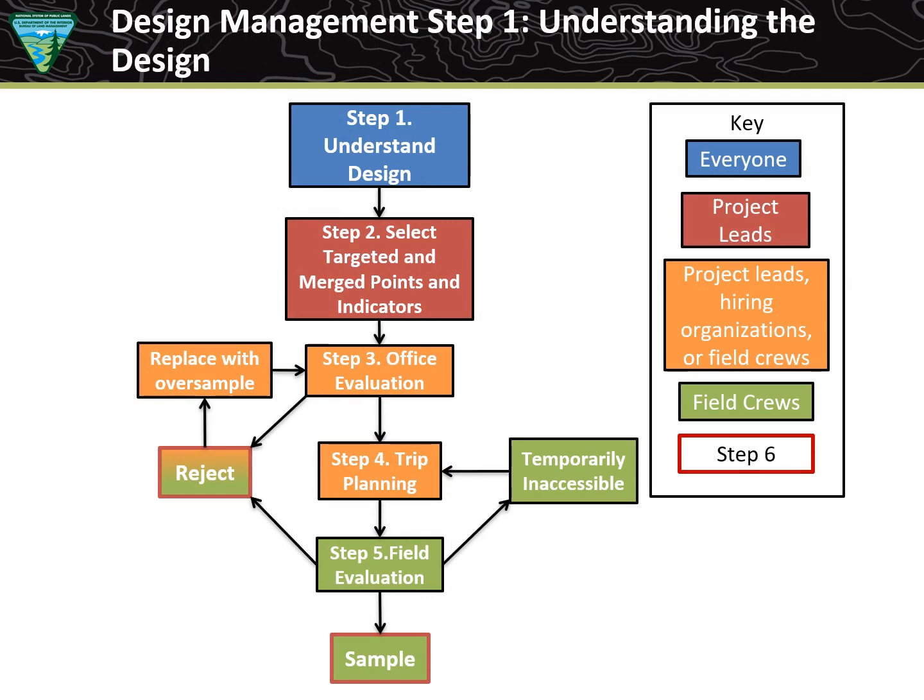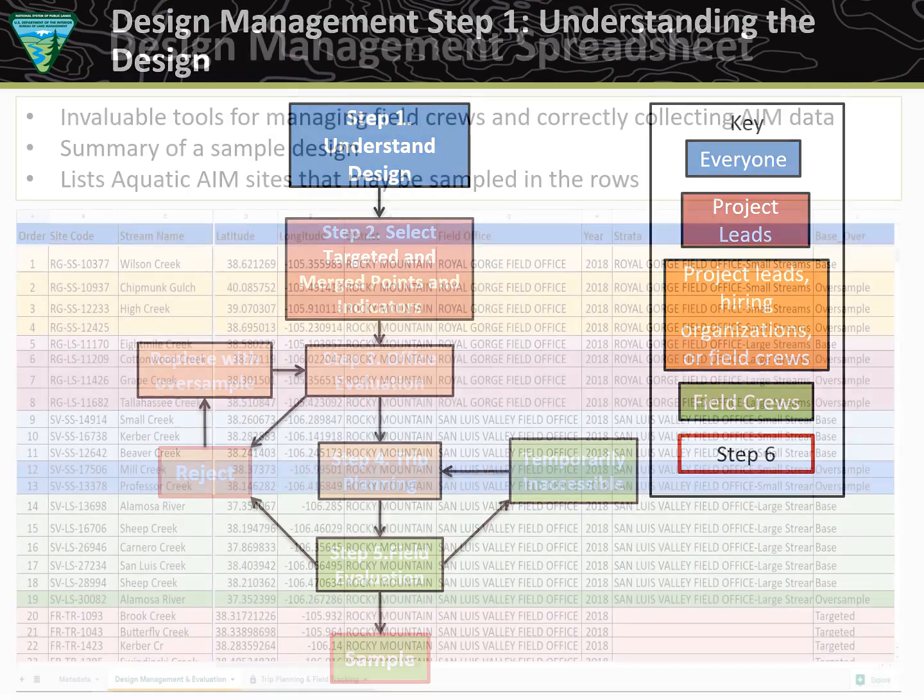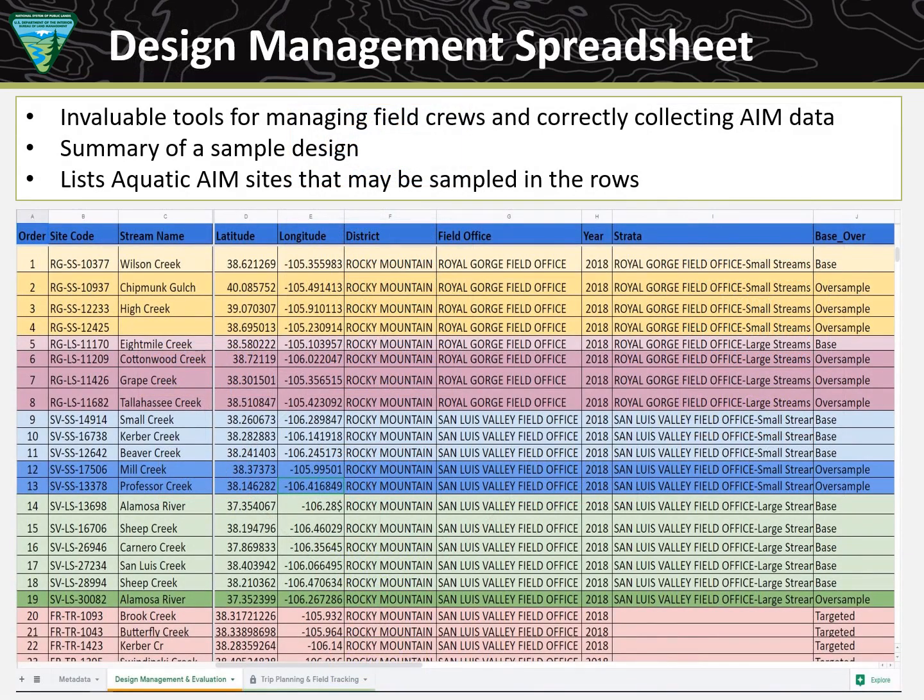The first step in managing a design is understanding all the elements and tools that make up a sample design. It is vital that everyone involved in an Aquatic AIM sampling effort understands these concepts. The tool used for design management is the Design Management Spreadsheet.